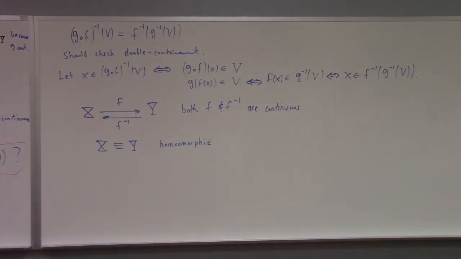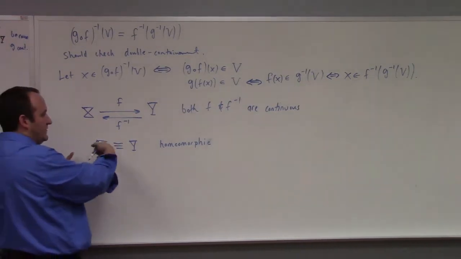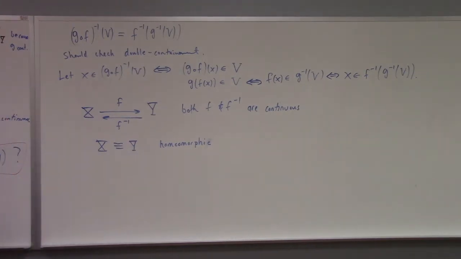So now that we know that the composite of continuous functions is once more continuous, we can easily prove that homeomorphism is an equivalence relation on topological spaces. I could say that X is equivalent to Y if and only if there exists a homeomorphism.